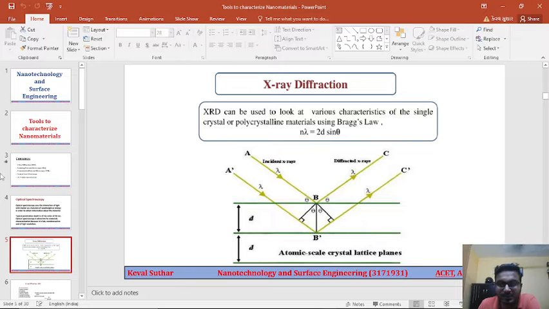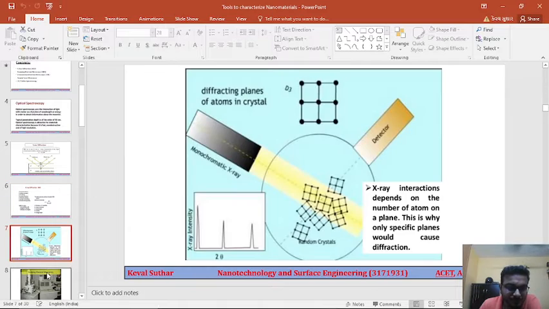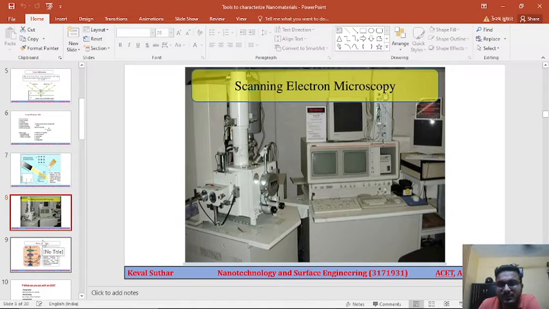This is the principle that we discussed in our previous class for X-ray diffraction, and these are the characteristics or the formula based on which this method works. Then we discussed the scanning electron microscope.